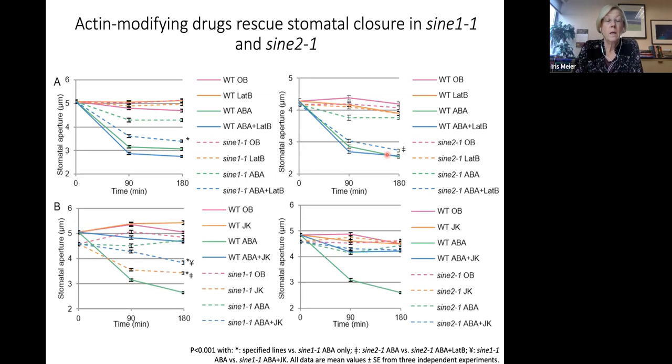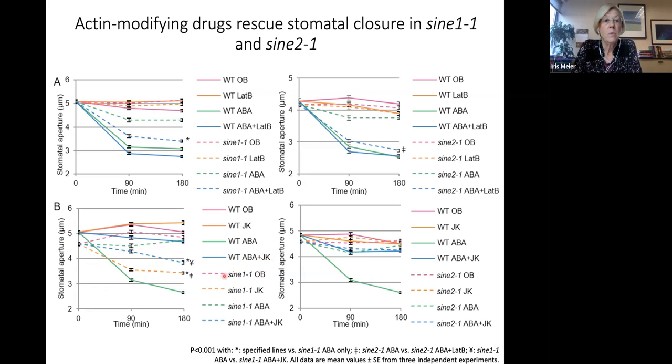Now with the actin stabilizing drug, JK, there's a different effect. So first of all, there is an effect on wild type here. So wild type closes in the presence of ABA. Wild type is inhibited from closing in the presence of ABA and JK.